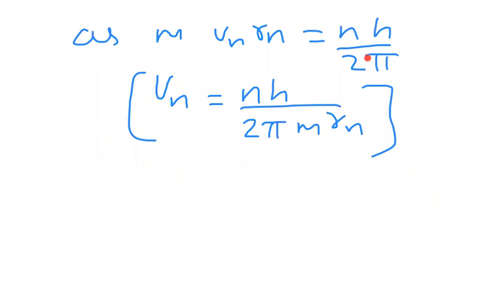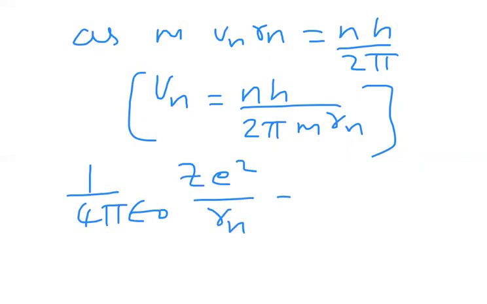Substituting this in my previous expression, I can write 1 by 4 pi epsilon naught, ZE square by, already one Rn square has been cancelled, and here mvn square is there. So in the denominator, I'm leaving that one.